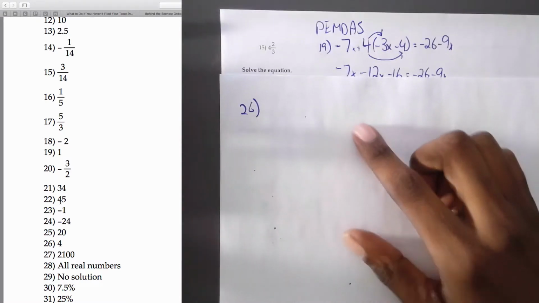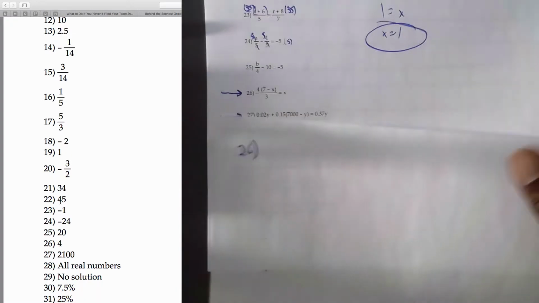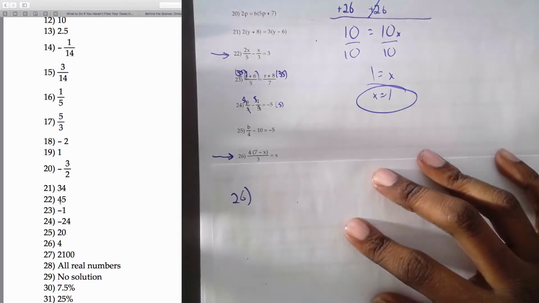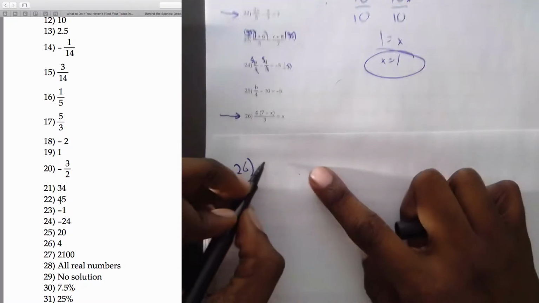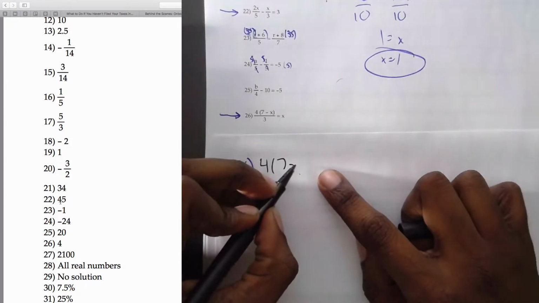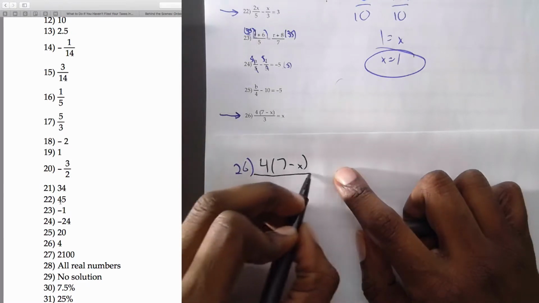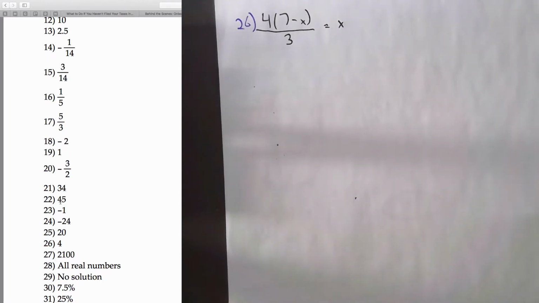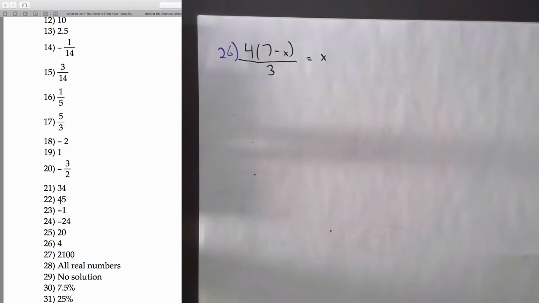All right, so 26, what do we have? 4. There's a reason I'm showing 26. Number one, I believe it's a test problem. It looks just like this, and every year people get this one wrong. So I'm going to give you guys the benefit of seeing it beforehand. What do you think everybody does on this problem?